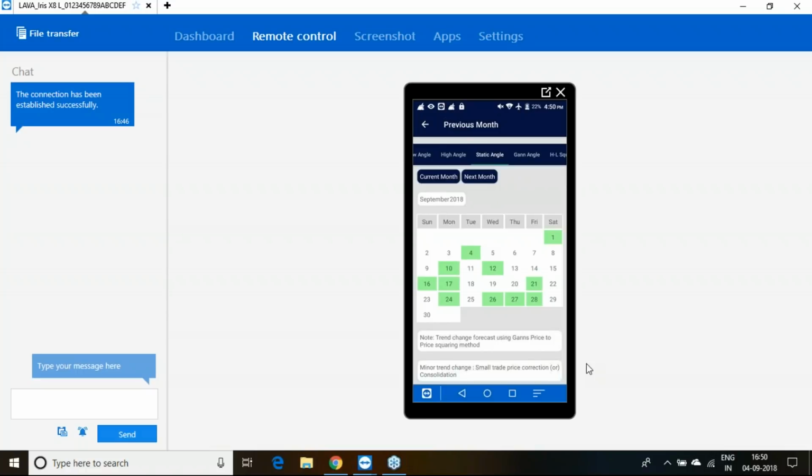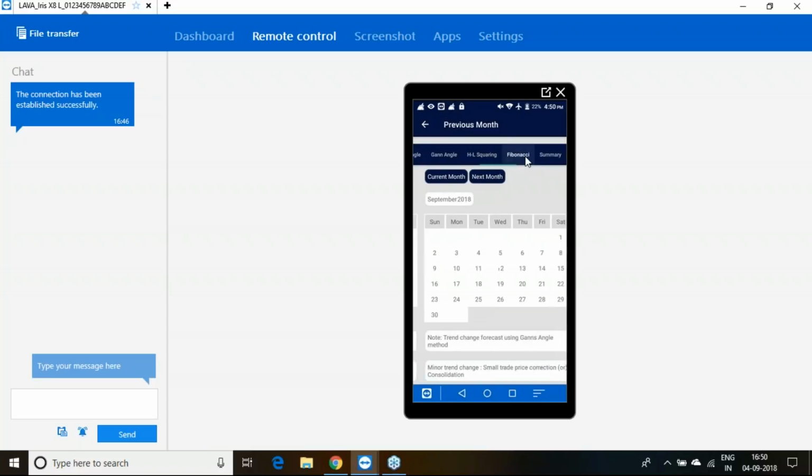So this is what the time analysis is, and we have also used the Gann angle principle, the Fibonacci principle and the high-low squaring method. So different principles of time analysis are programmed here. As per the Fibonacci, no dates are coming for the trend reversal.